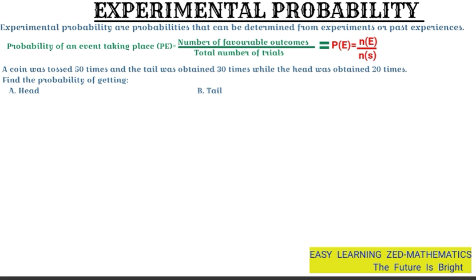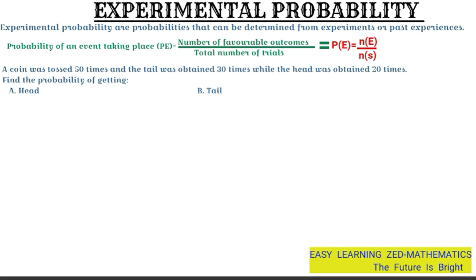In those 50 times, 30 times the tail was on top, and 20 times the head was on top. Now they're asking us to find the probability of getting the head on top, and B, the tail on top.